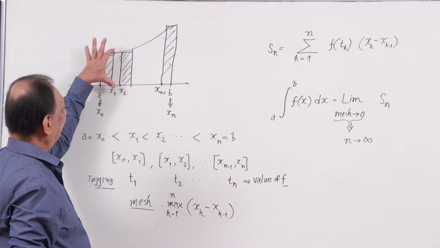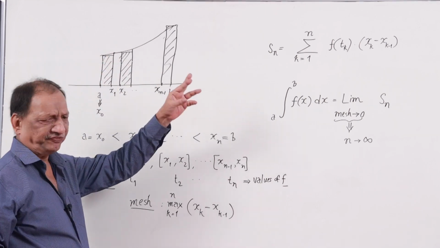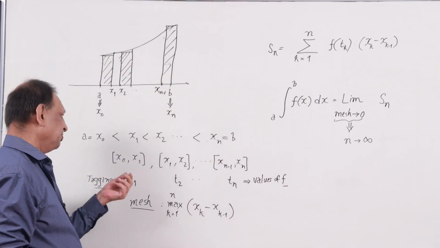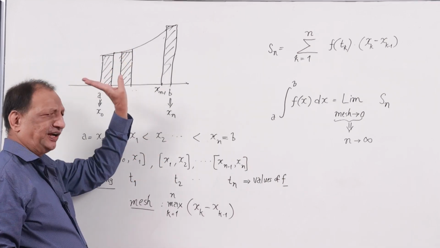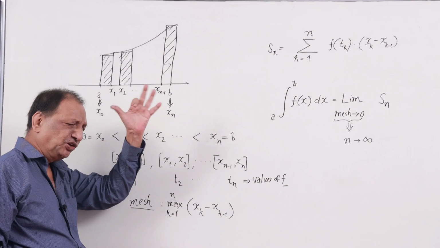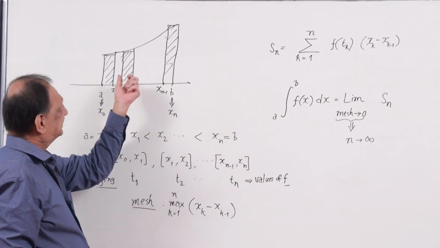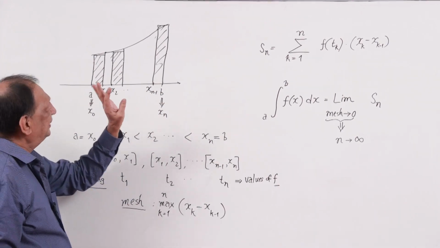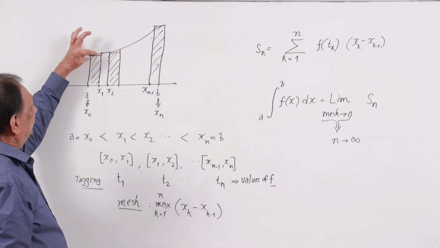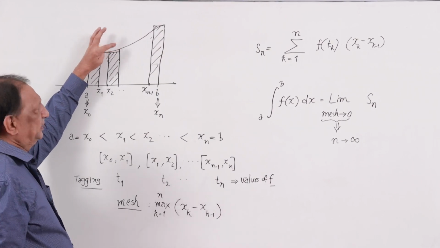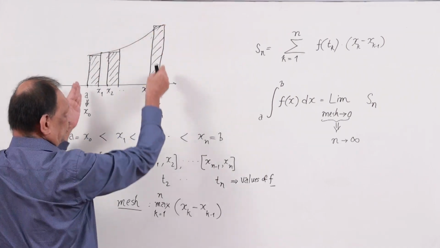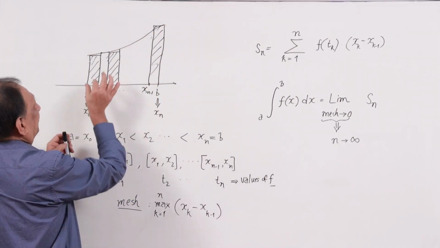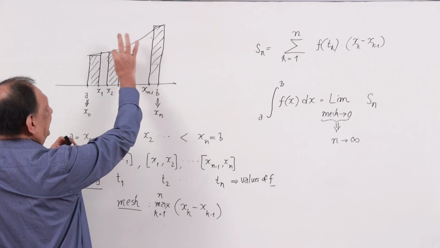And the height of the rectangle will be that value of function f(tk), which can be the left value, or the right value, or the maximum value within that interval, doesn't matter. Somewhere around there, basically. Now when you draw like this, you will find gaps between the actual area, which I am interested in, the area under the curve, and the rectangles.